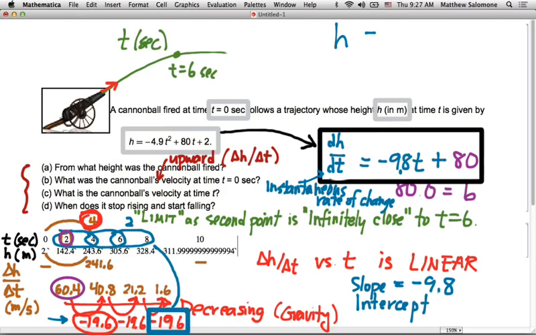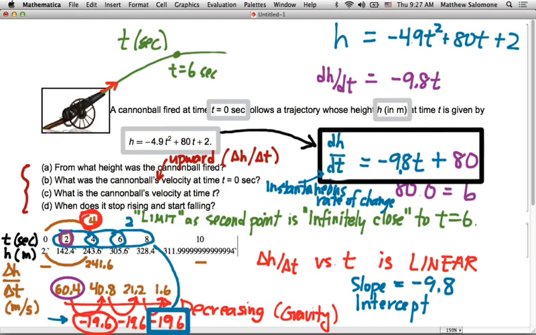So on the one hand, h is negative 4.9 t squared plus 80 times t plus 2. On the other hand, the velocity, dh dt, was negative 9.8 t plus 80.